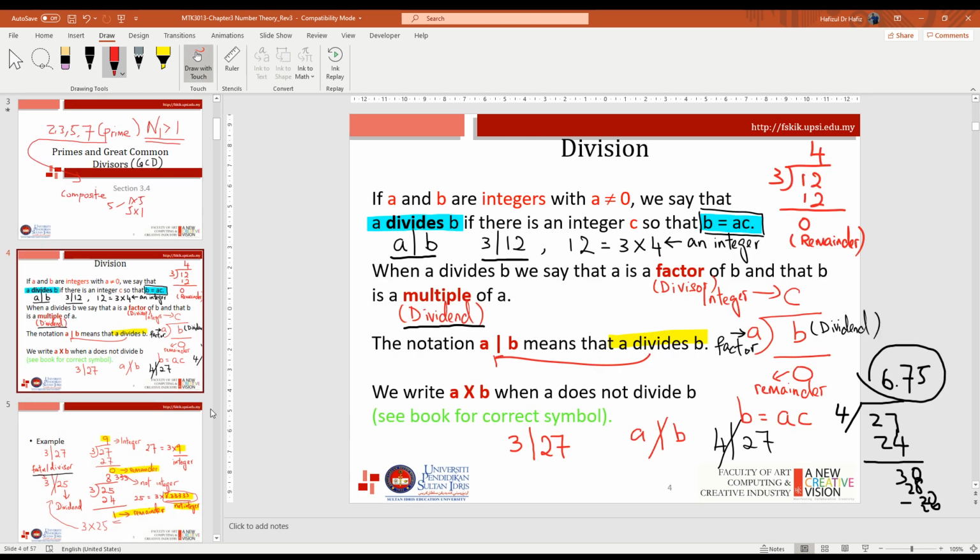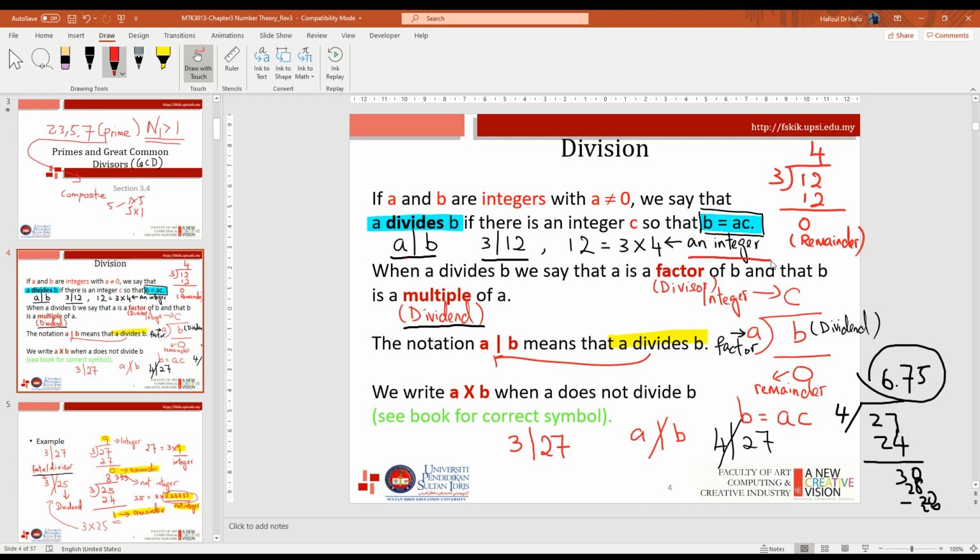Now, division. If A and B are integers, with A not equal to 0, we say that A divides B if there is an integer C such that B is equal to A multiplied by C. For example, 3 divides 12, which means that 12 is 3 multiplied by 4.